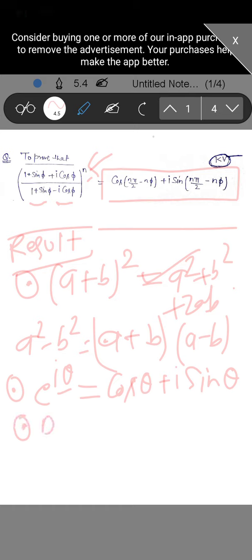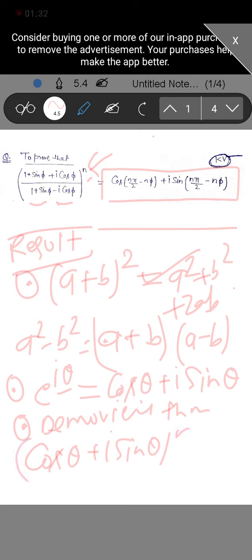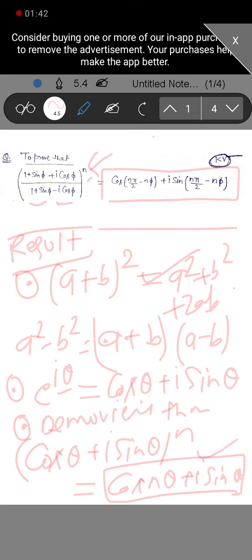I hope you all remember it: (cos theta + iota sin theta)^n = cos n theta + iota sin n theta. Actually I have not used this anyway, but I am telling you because you can also use this result for some of its part. Ahead we will tell you how it will be used. Let's start now, okay.